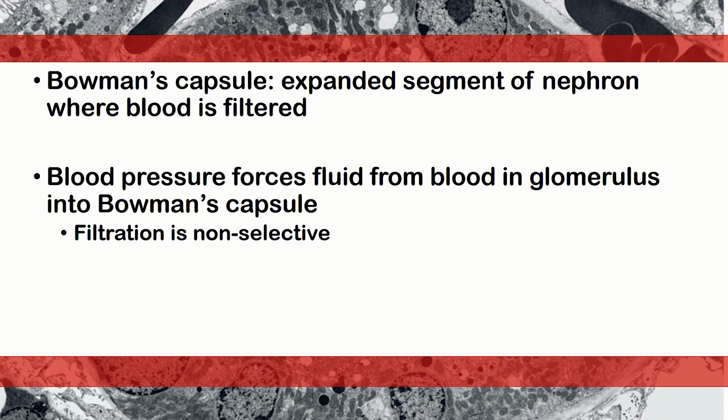In this case, blood pressure from the afferent arteriole will force blood plasma through a series of very loosely connected epithelial cells. That blood will be strained out so that the red blood cells and the large proteins are maintained in solution, but the solutes and the water are allowed to pass between those cells into the glomerulus.